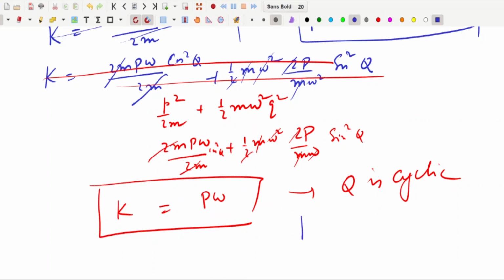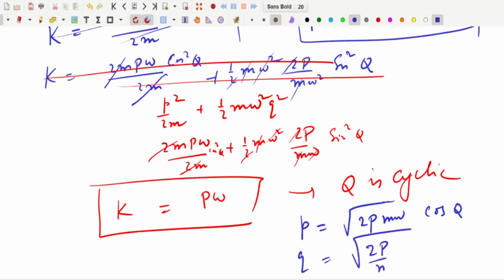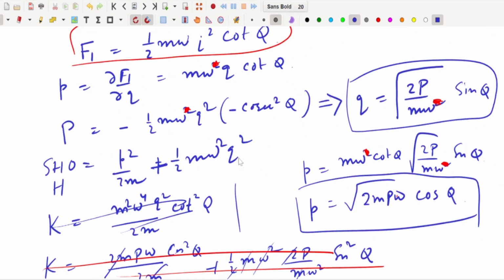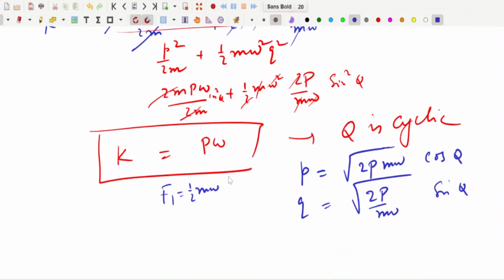A transformation generated by our choice of F1, which I also wrote mistakenly before, with q equal to square root of 2P by m omega sin Q. So F1 is half m omega, now not omega square, q square cot Q. This will generate the canonical transformation which reduces the new Hamiltonian to P omega.